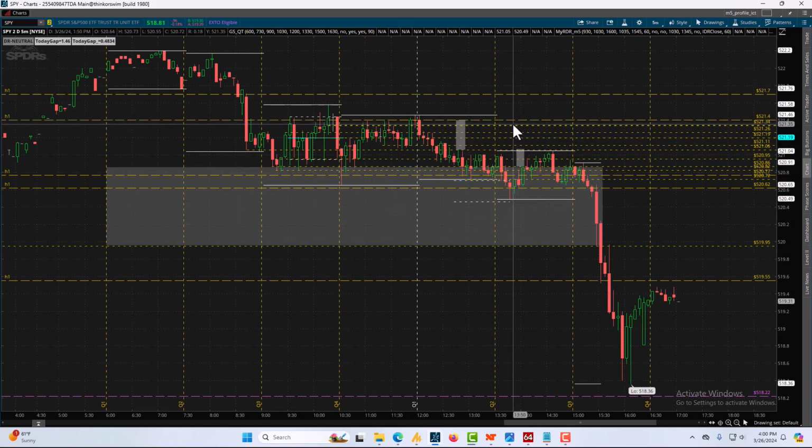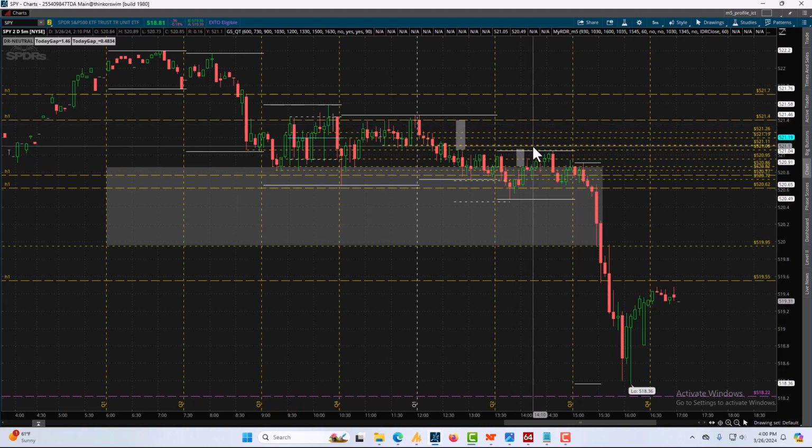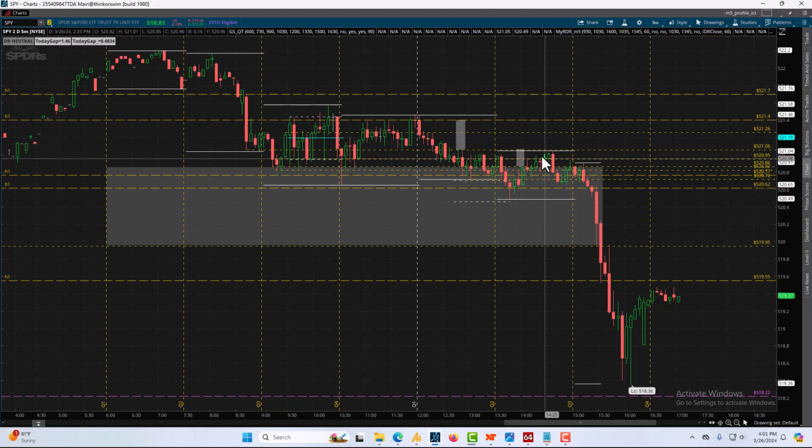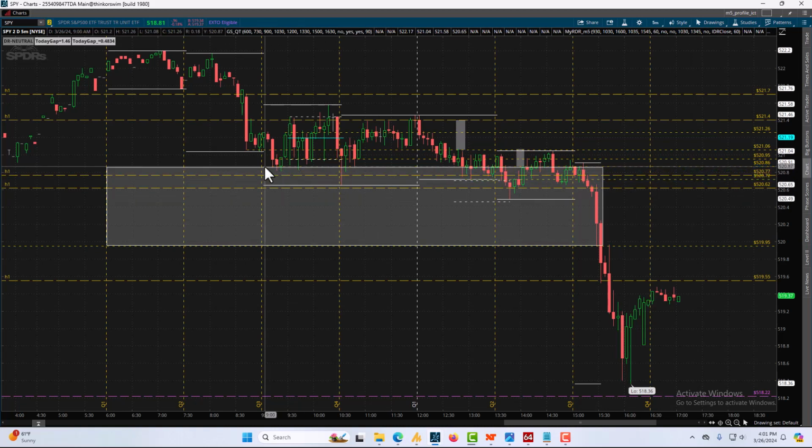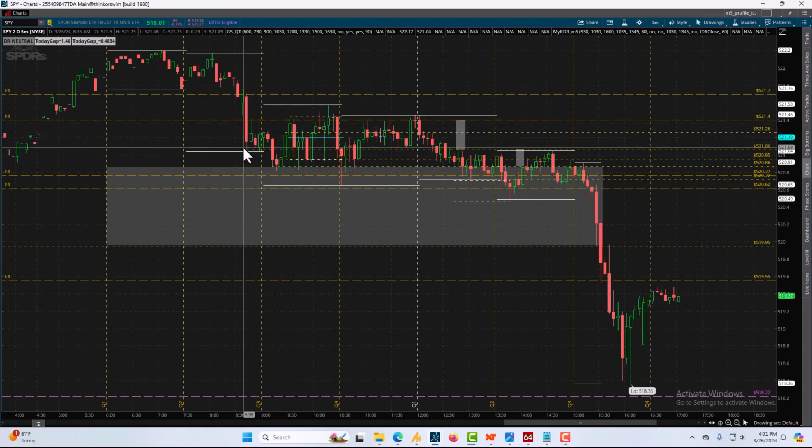Okay, let's delete some of this. So we see this is a bullish breaker right there. Yeah, so we have the bearish breaker.